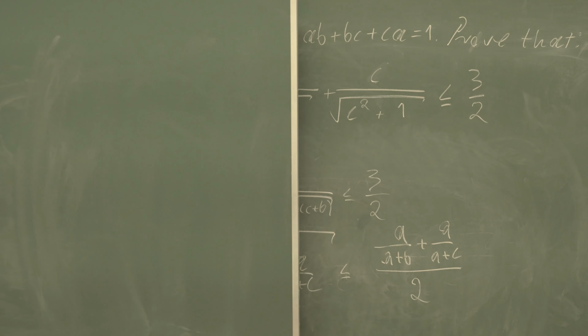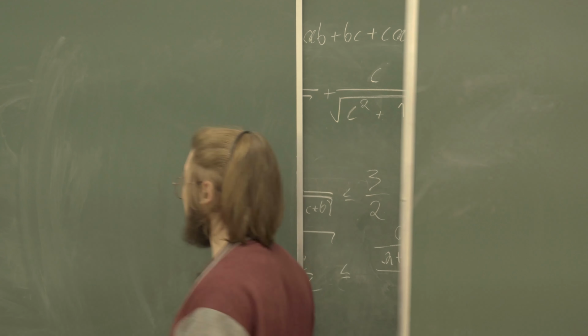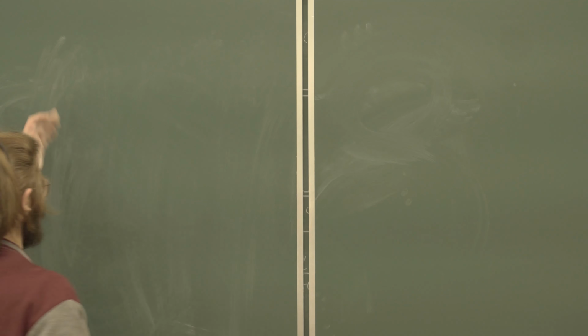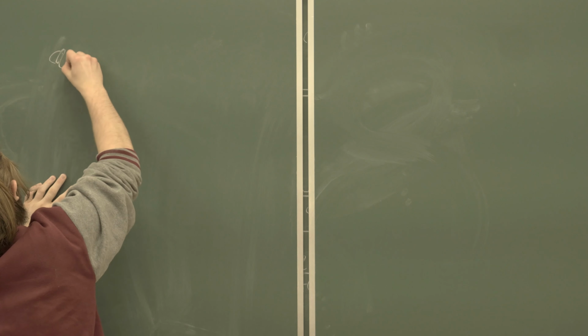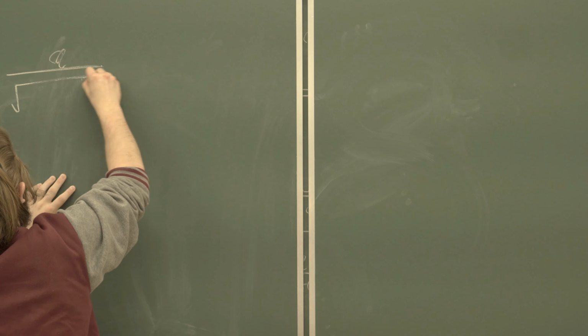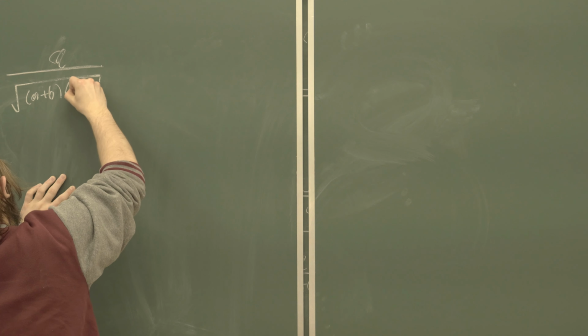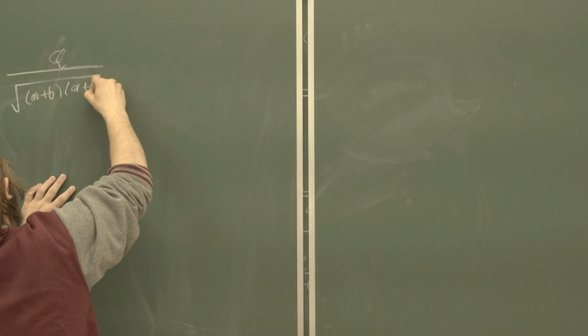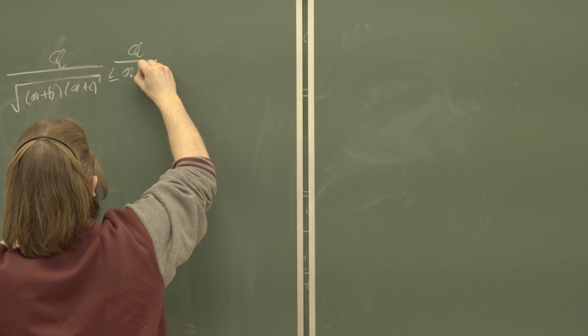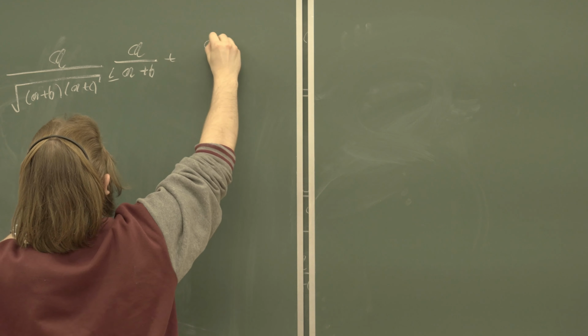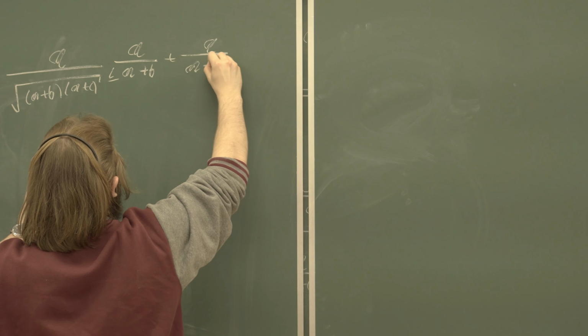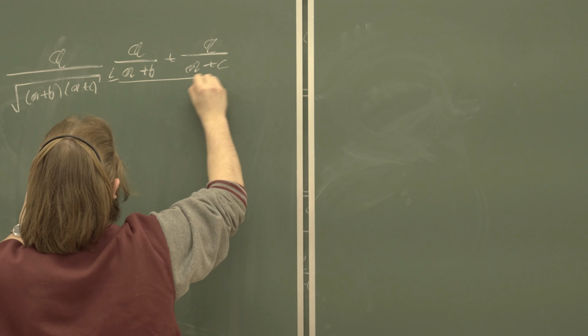And so let me get a little bit more space to write this. What we got is, first of all, a over the square root of (a plus b) times (a plus c) is less than or equal to a over (a plus b) plus a over (a plus c), all over 2.